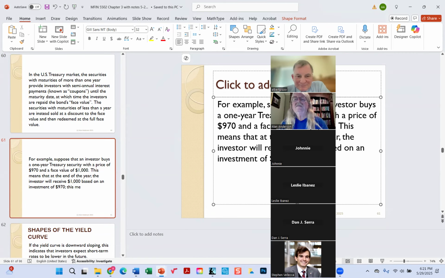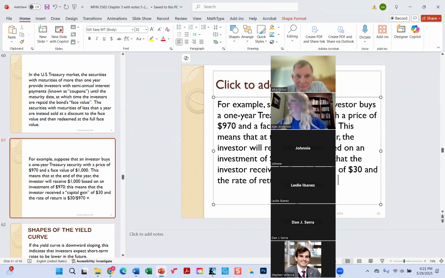This means the investor received a capital gain of $30, and the rate of return is 30 over 970, which is, hold on one second, 3.09%.